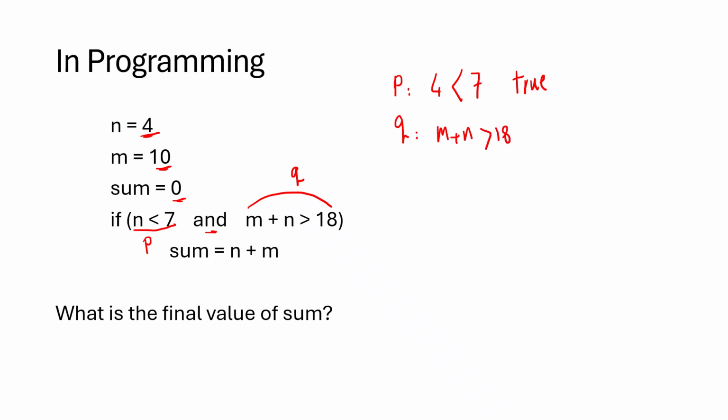What is m plus n? 4 plus 10, 14. Is 14 greater than 18? Is that true or false? Obviously, that is false. So what we have here is true and false. And if you remember the truth table for conjunction, if one of the propositions is false, then the whole thing translates to false.